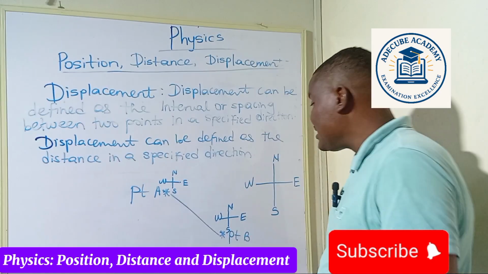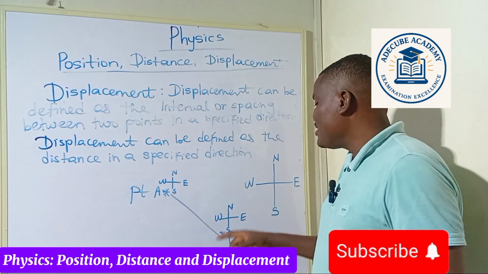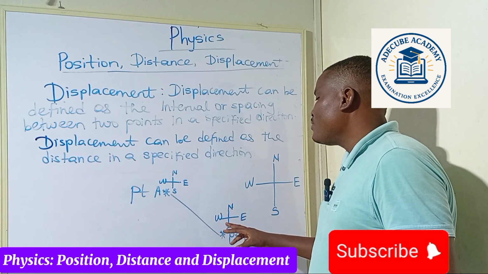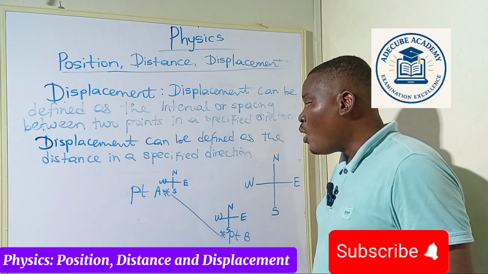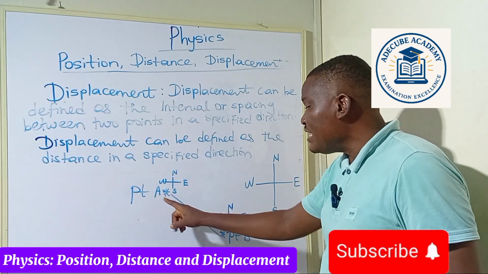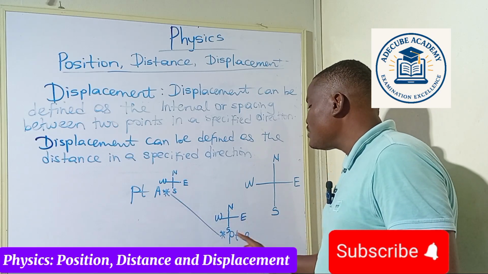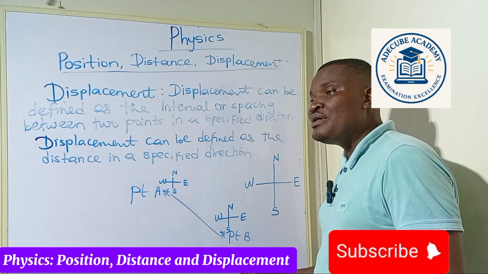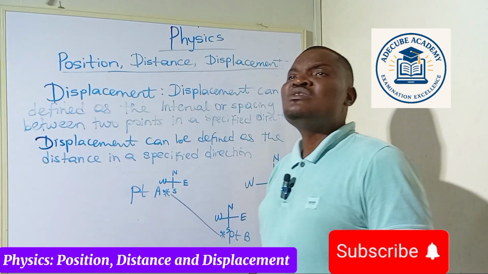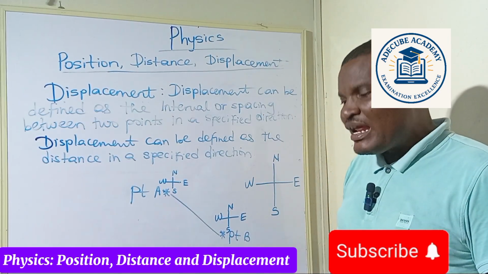So we can say that point A is in northwest of point B. So the difference is that displacement will give us a specified direction.